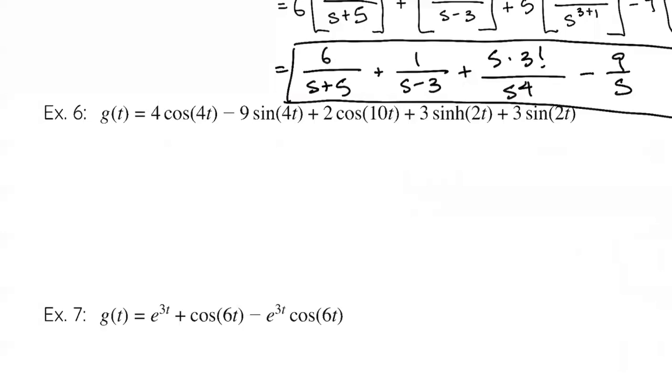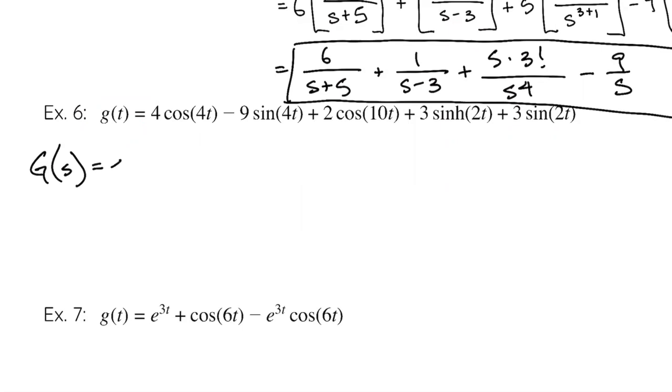But the same rules apply. We have to go ahead and separate them all, and we're going to use our table to find each one. So let's go ahead and write this out. If I do the transform, it's not going to be lowercase g of t anymore. It's going to be uppercase G of s. All of the t's drop out; I only have s's at the end.